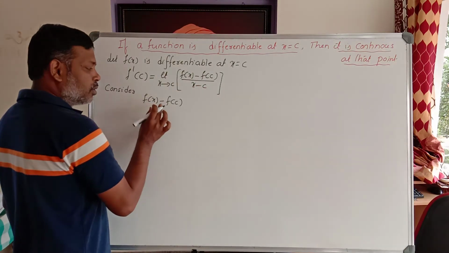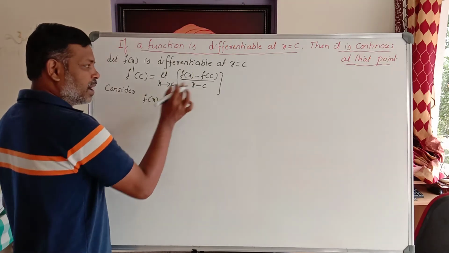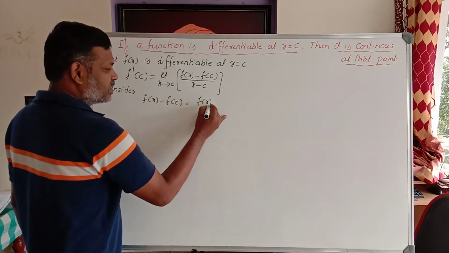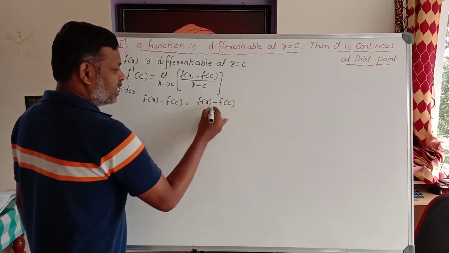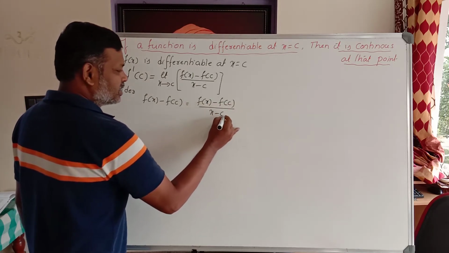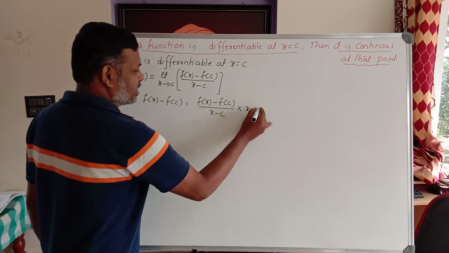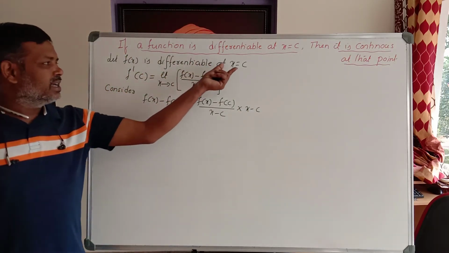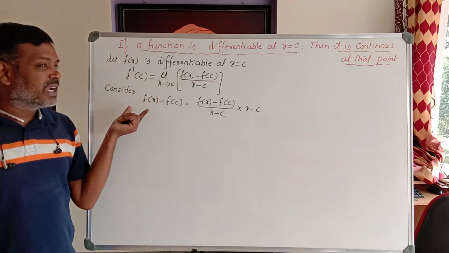So we have to divide and multiply by x minus c. That becomes f of x minus f of c divided by x minus c into x minus c.